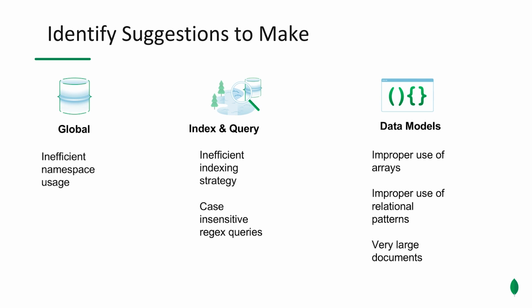We call out when you have arrays with a large number of items, which can cause index builds to take a very long time and take up a lot of space and writes to be slower, for example. And we also call out when you're using a relational pattern in MongoDB when you shouldn't be, for example. Like a manifestation of this is you're using a large percentage of your queries on collection foo are lookup queries.